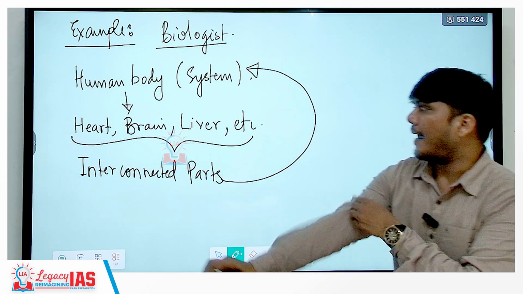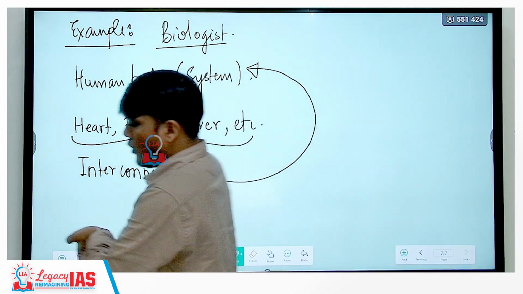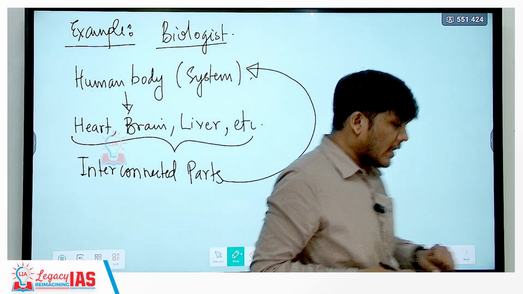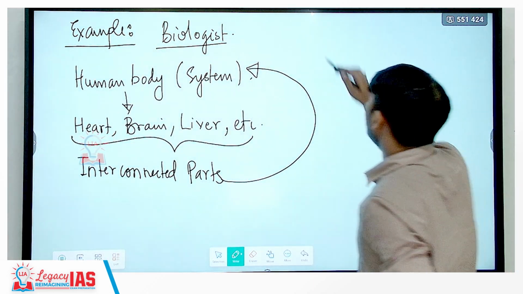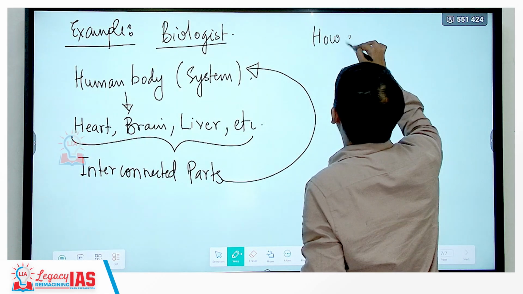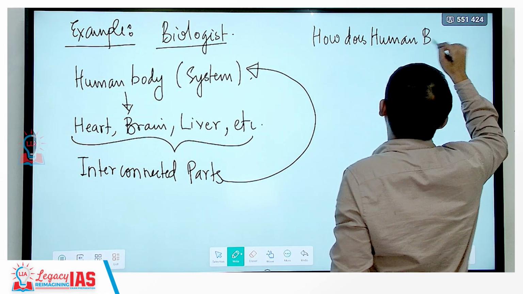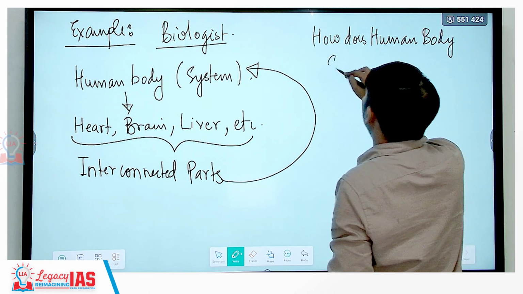So how is a biologist studying a human body? Now why does the biologist have to study the human body? In order to understand how the human body survives.